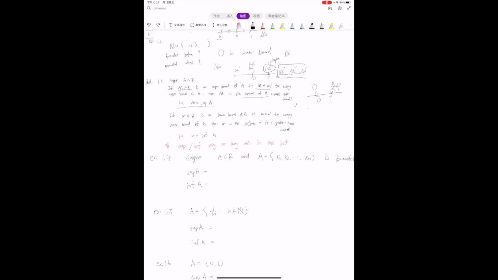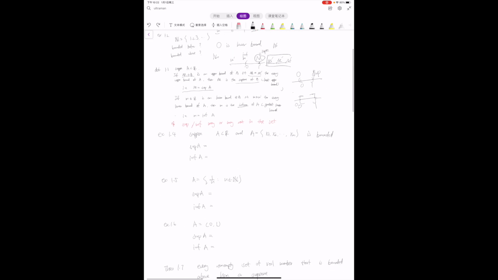Again, 1 and 0 are not in this set. But if we look at the closed interval [0, 1], again the supremum is 1 and the infimum is also 0, but 0 and 1 are in this closed set. Therefore, suprema and infima may or may not be in the set.